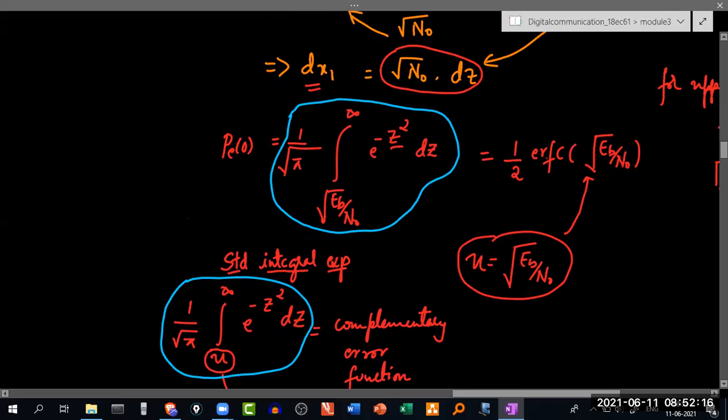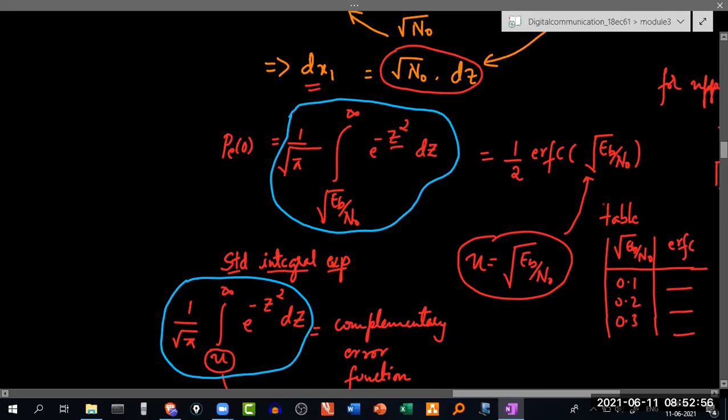Here this complementary error function, they'll give it in a table form. Because the complementary error function considers square root of EB by N naught, we'll have a table where in the first column we'll be having square root of EB by N naught, taking values like 0.1, 0.2, 0.3, and we'll have its corresponding complementary error function value.